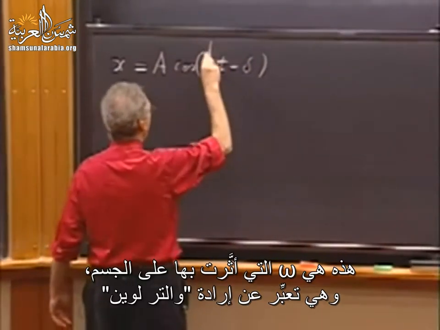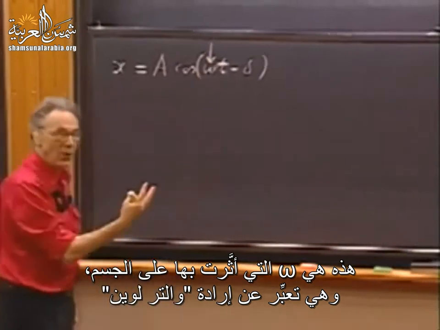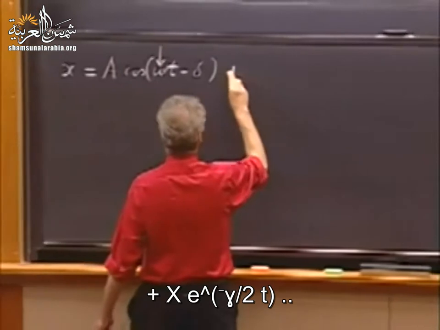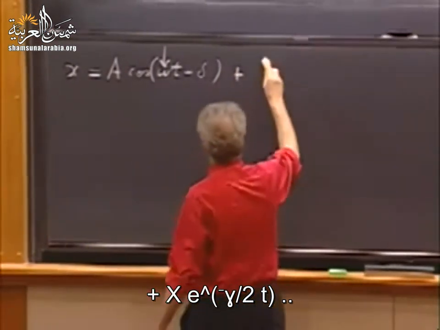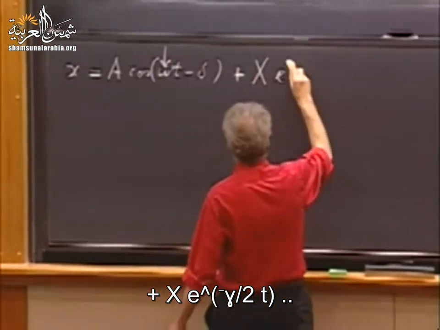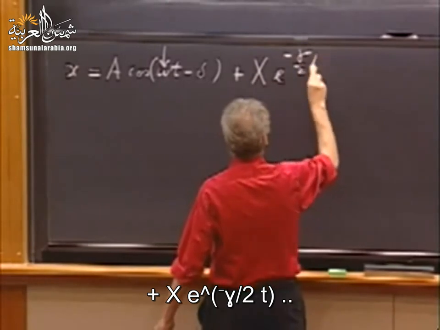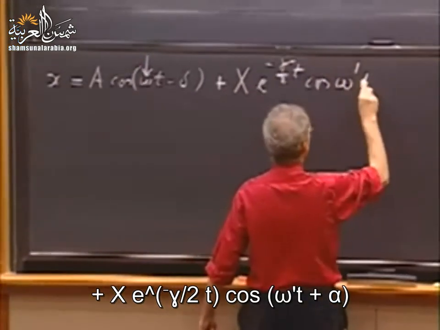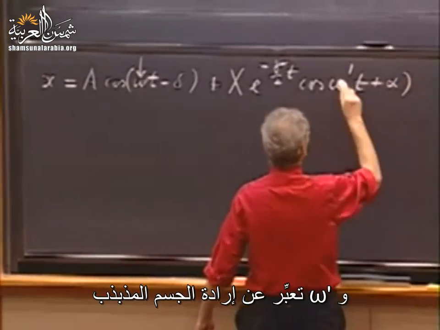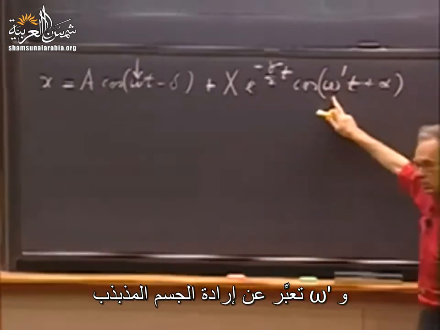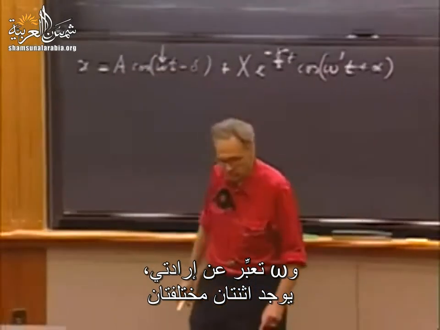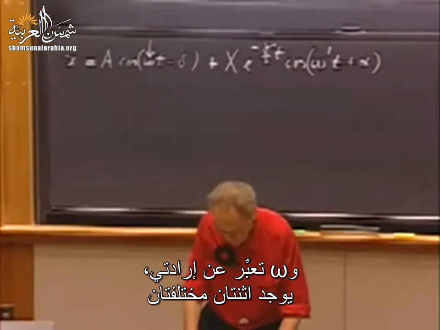This is my omega, that's Walter Lewin's omega, plus X times e to the minus gamma over 2 times t times cosine(omega prime t plus alpha). And this is the omega of the oscillator, and this is my omega. They are two different omegas.